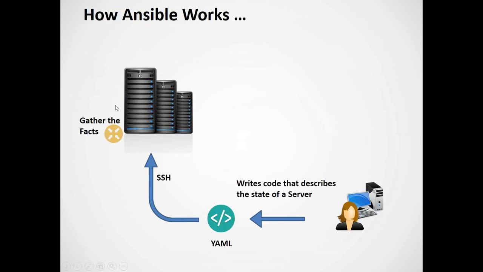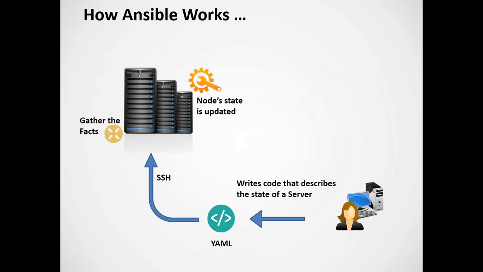Based on the information it has gathered, as well as the details you have specified in the code, if there is any discrepancy, or if whatever you have specified in the code is not available on the machine, then it will update the machine automatically based on what you have said.